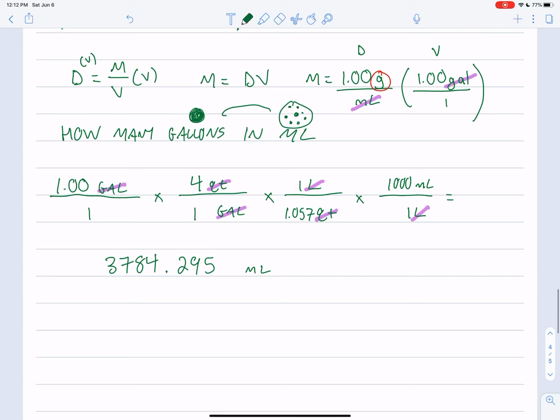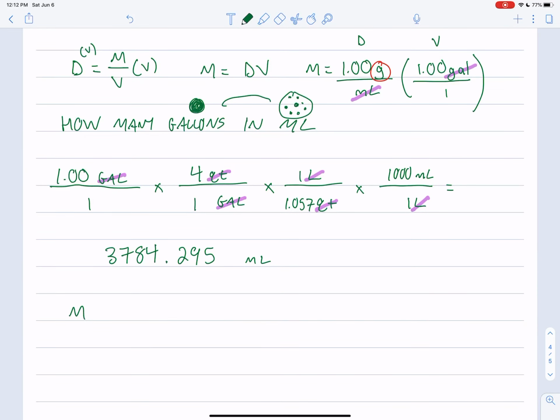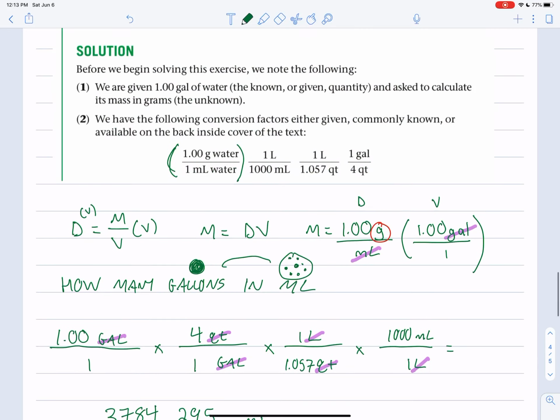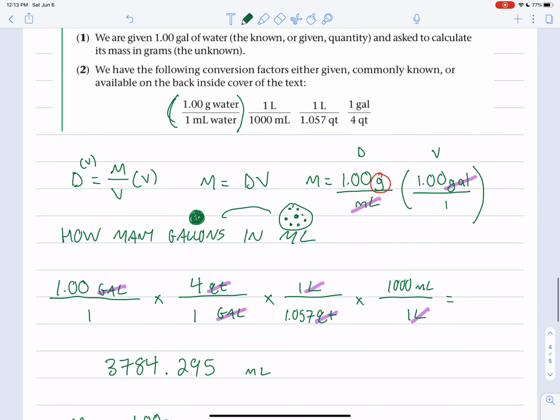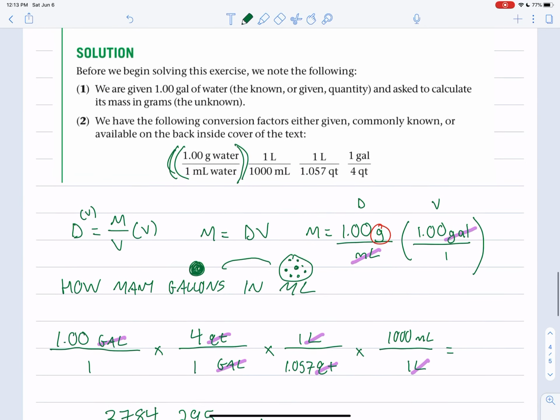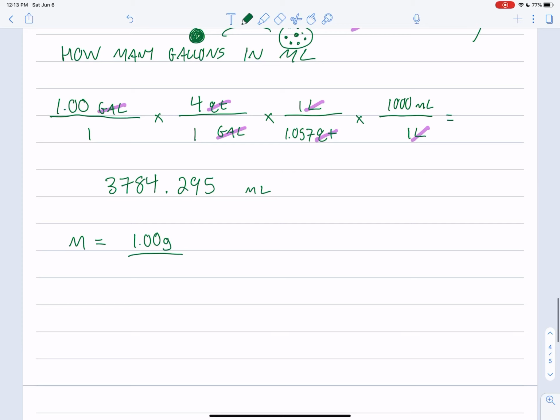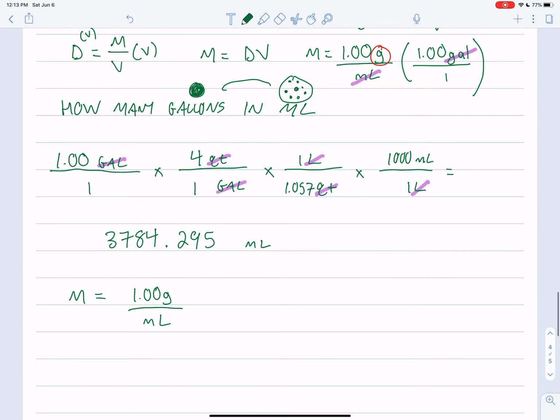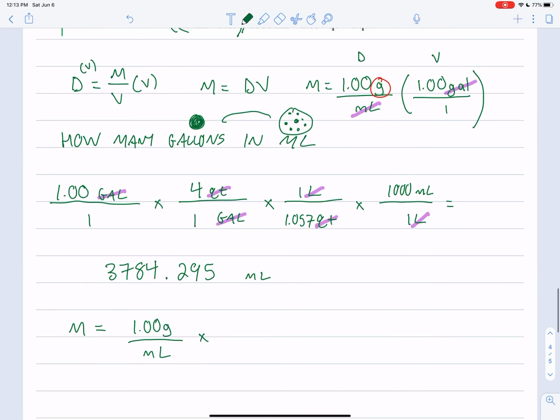So now, if I'm doing this correctly, we should be able to plug this into our original mass problem, which is mass equals 1 gram per milliliter. I guess that's maybe why they gave us this here. Times, not 1 gallon anymore, and this original equation here is what I'm looking at. Remember, this is our density.